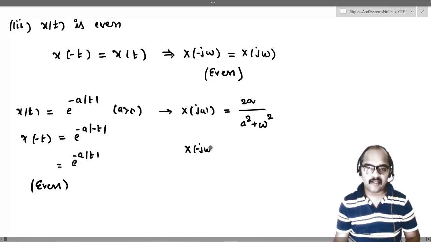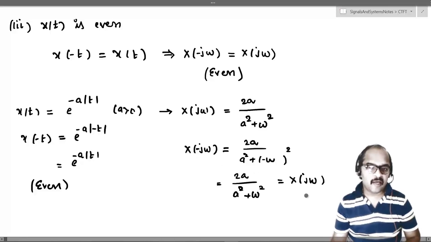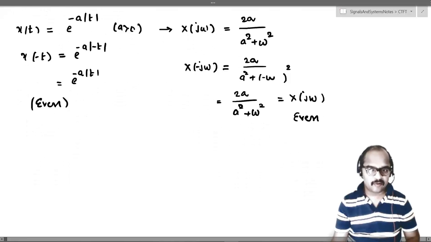X of minus j omega would be equal to again 2a by a squared plus minus omega whole square, which would be equal to 2a by a square plus omega square, which is equal to x of j omega, and hence what did we get? We get x of minus j omega to be x of j omega, and hence the Fourier transform is also even. So if the signal is even, then the Fourier transform is also even.